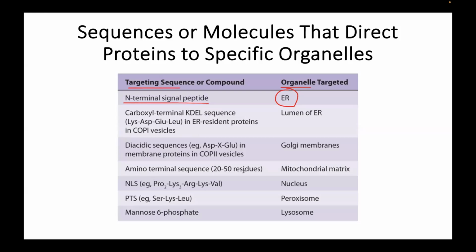And lastly, this one came out in patho, but they presented it as a lysosomal storage disease. They were asking what is the targeting sequence which is defective or deficient in lysosomal storage diseases, and they mentioned specifically I-cell disease.